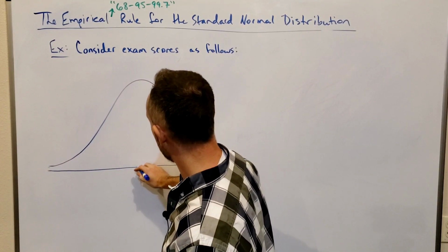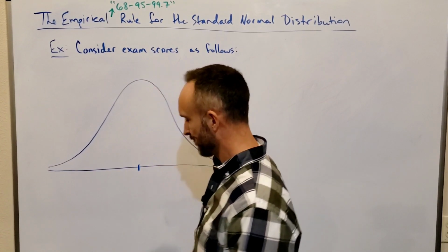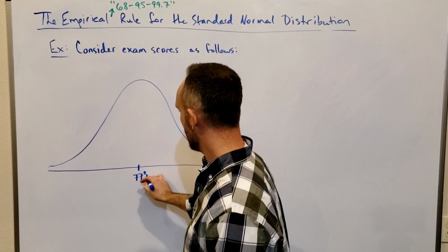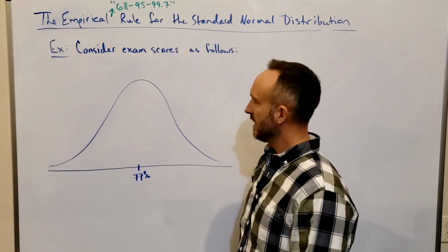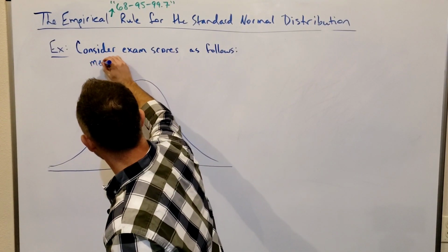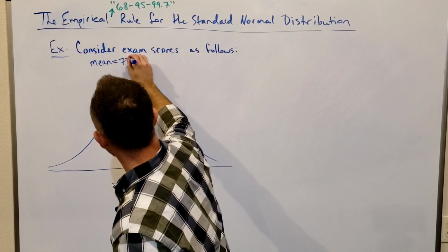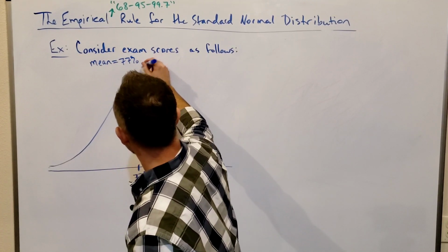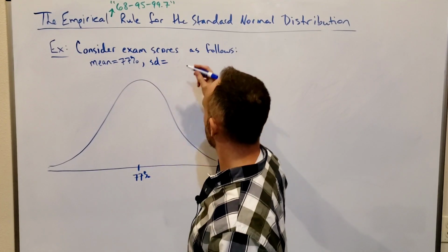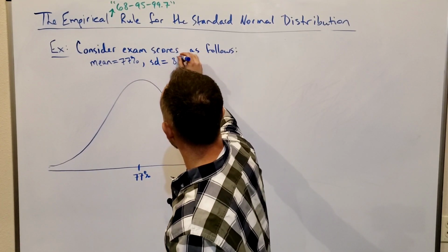We will say that the mean exam score is 77%, okay? And so we've got a mean of 77%. And let's say we have a standard deviation of 8%.